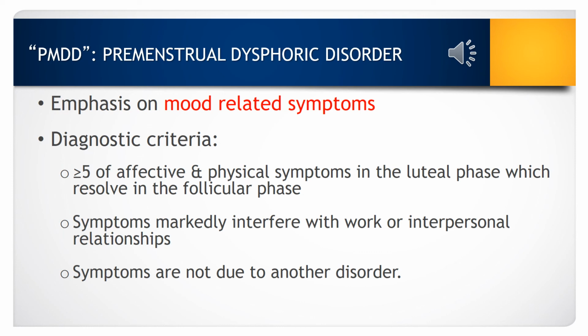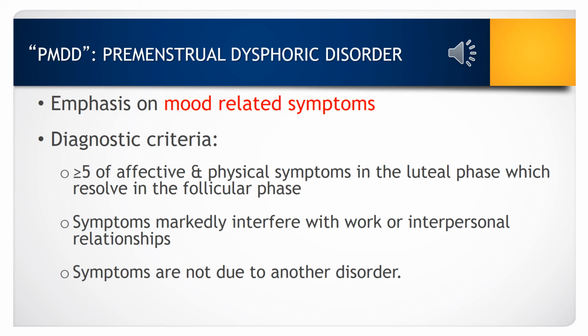during the follicular phase. So some of these affective symptoms would be feelings of sadness or anxiety, extreme moodiness, where she is a totally different person during this time period, and marked irritability or anger.